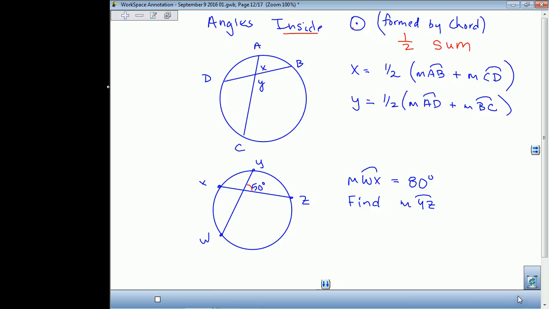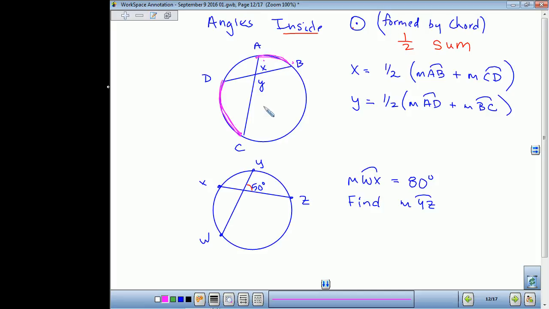Alright. So inside angle is half the sum. Here we have an inside angle, angle X. It's half the sum of the intercepted arcs. Angle X is half the sum.